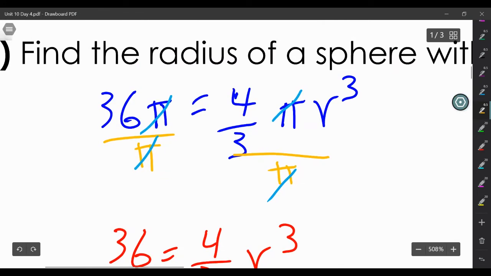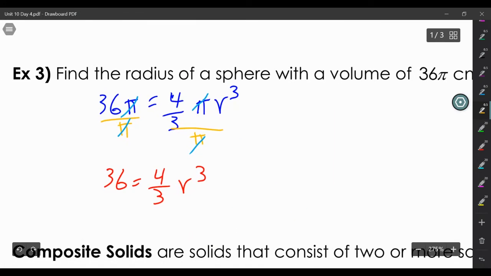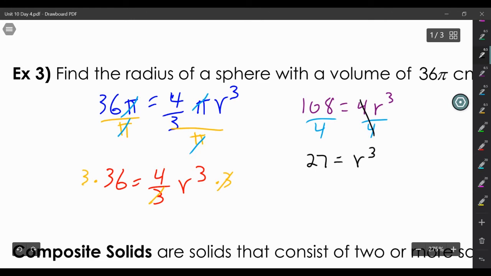So I'm going to multiply both sides by 3, that way these 3's cancel. Then I am left with 3 times 36, which is 108, equals 4r to the third. Divide both sides by 4. We get 27 equals r to the third.